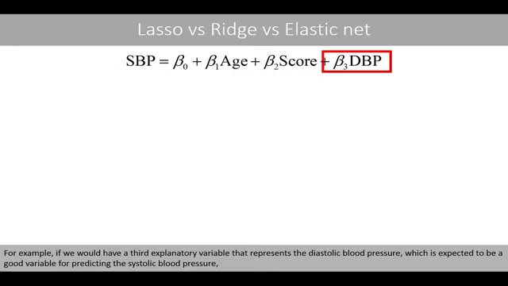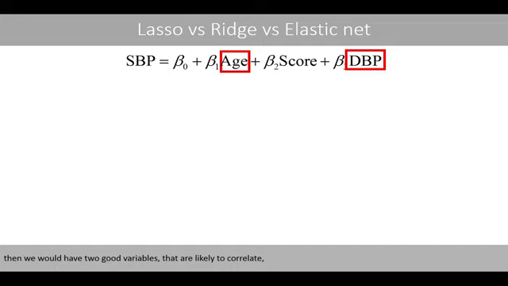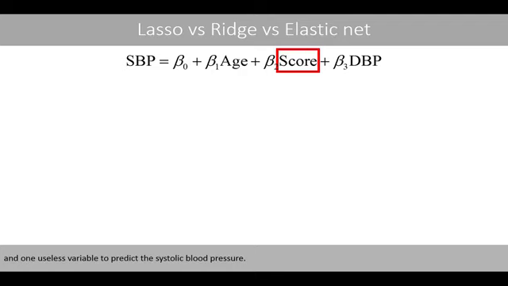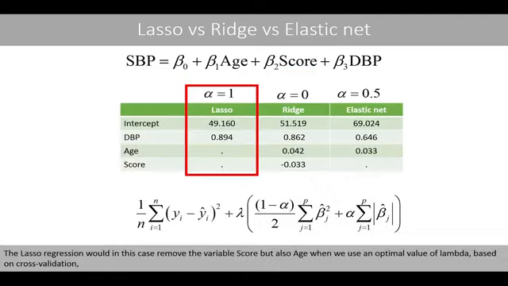For example, if we would have a third explanatory variable that represents the diastolic blood pressure, which is expected to be a good variable for predicting the systolic blood pressure, then we would have two good variables that are likely to correlate, and one useless variable to predict the blood pressure.